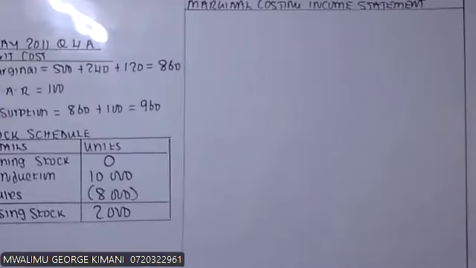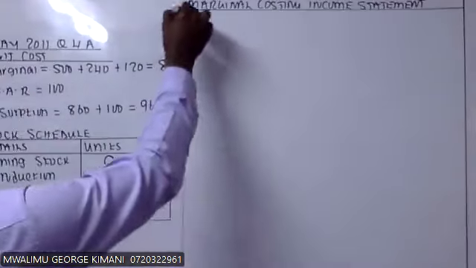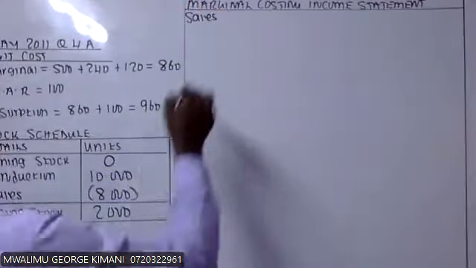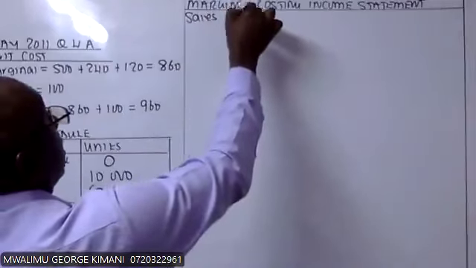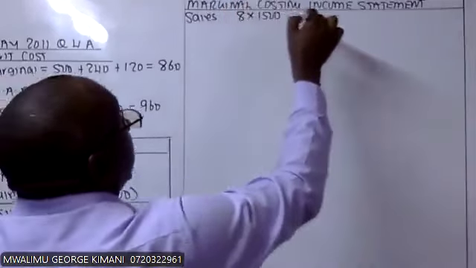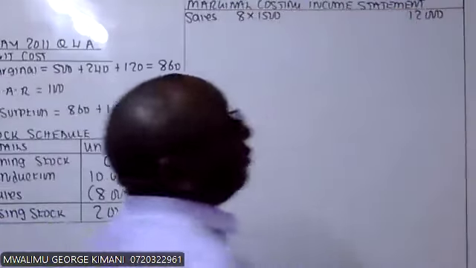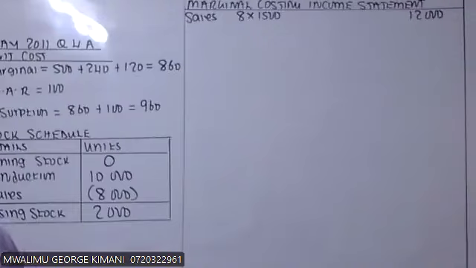With this one, again, we begin with sales. Sales will be 8 times 1,500. So this just remains as 12,000.